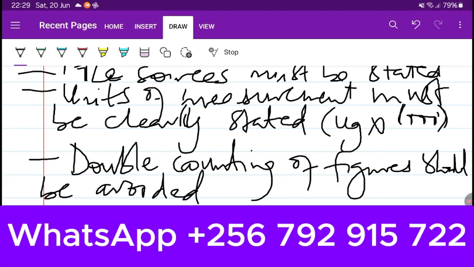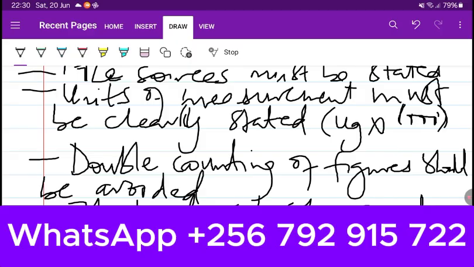Then the other one, since we have said that this data is going to be arranged in columns and rows, the headings to columns and rows should not be ambiguous.